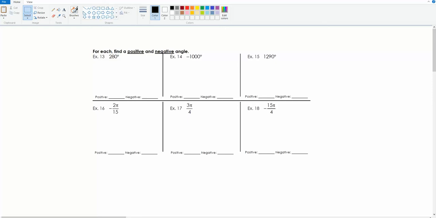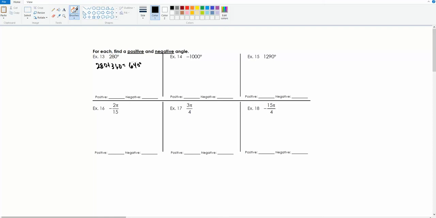All right, let's find some positive and negative angles. So let's say 280. If I want to find a positive angle, one of the things I can do is add 360. 280 plus 360 would give me 640.